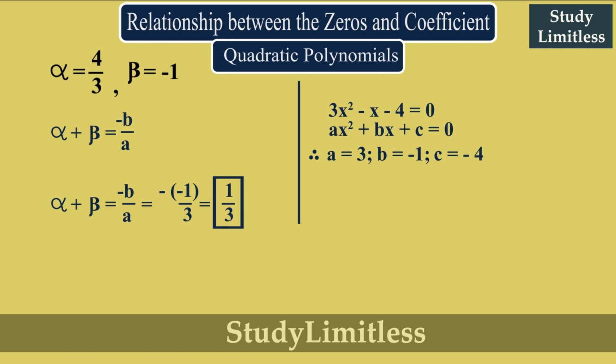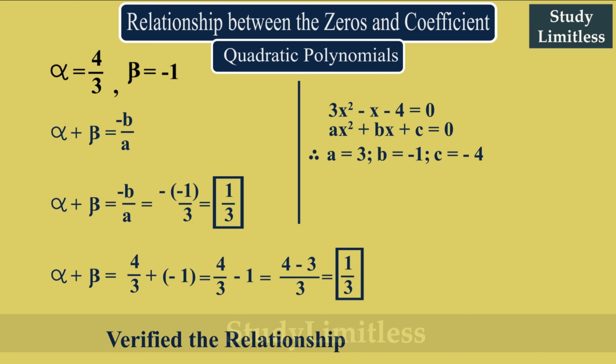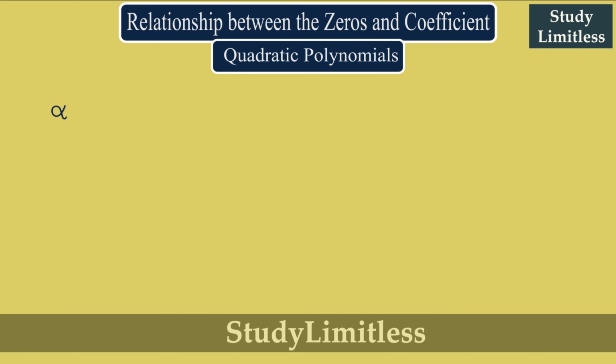On the other side, alpha + beta = 4/3 + (-1) = 4/3 - 1 = (4 - 3)/3 = 1/3. So on both sides we get 1/3. Therefore, the relationship is verified.